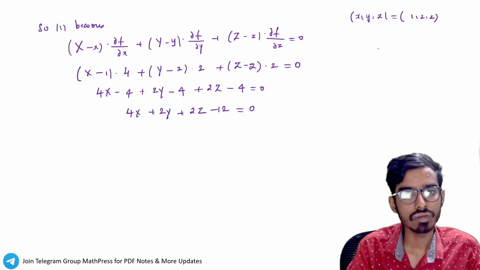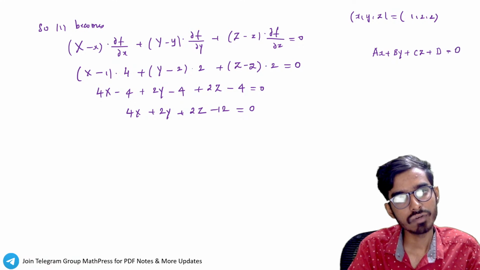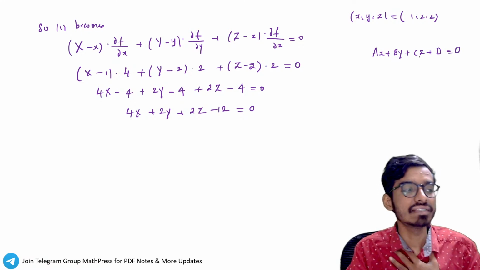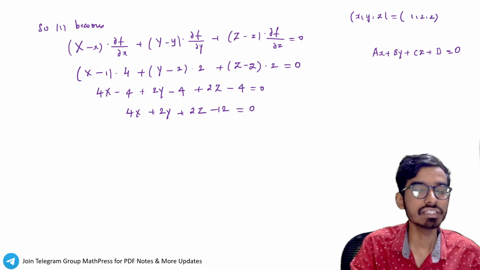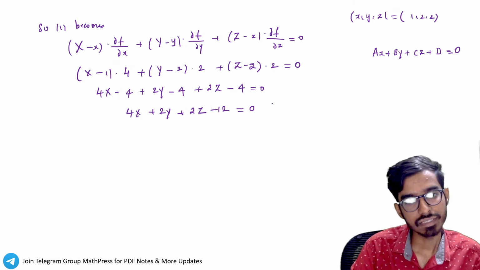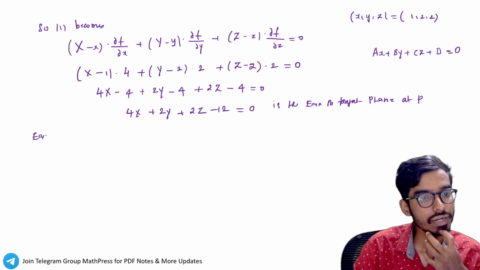We have already completed planes, right? This is the equation of the tangent plane at the point P. So what about the equation of normal?